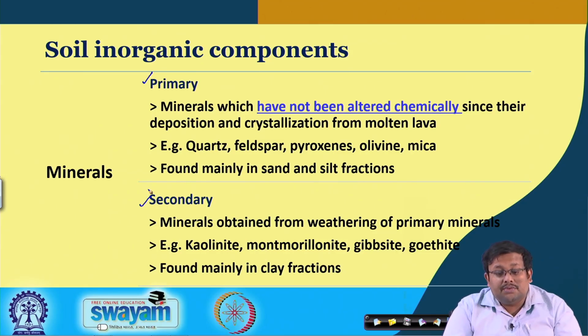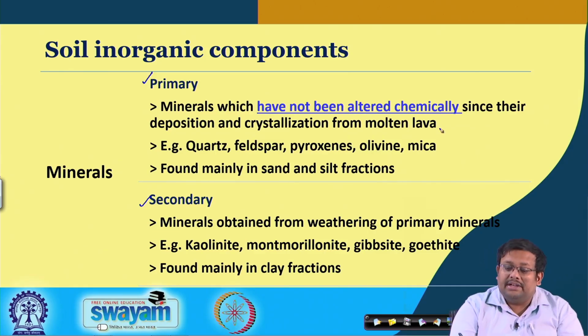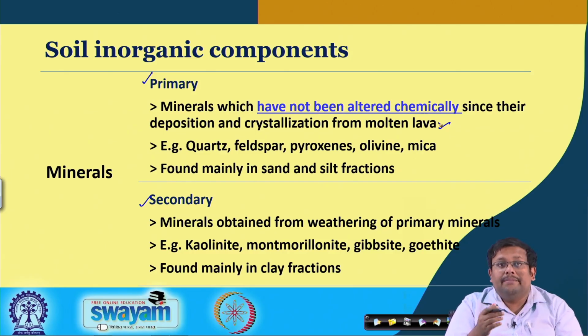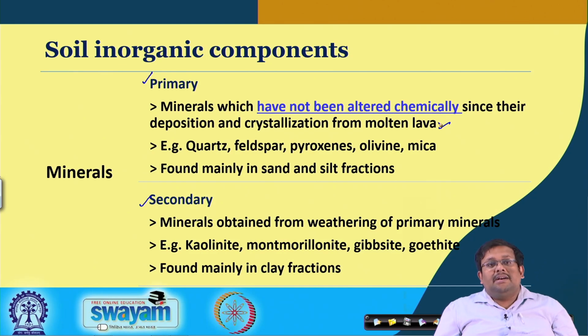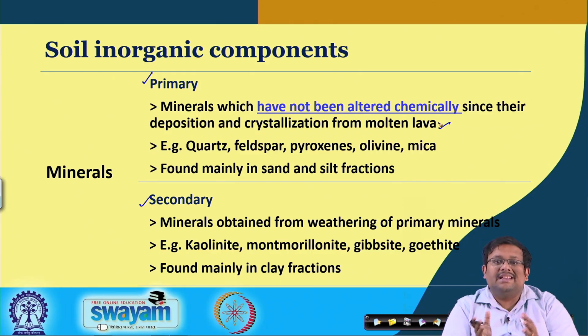The minerals which have not been altered chemically since their deposition and crystallization from the molten lava are known as the primary minerals. You know that all the minerals are developed from weathering of the rocks. So, these primary minerals are basically composing the rocks.